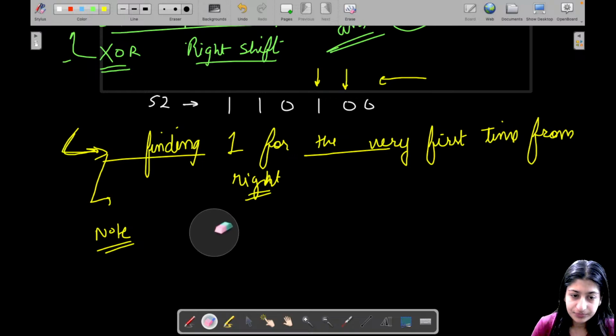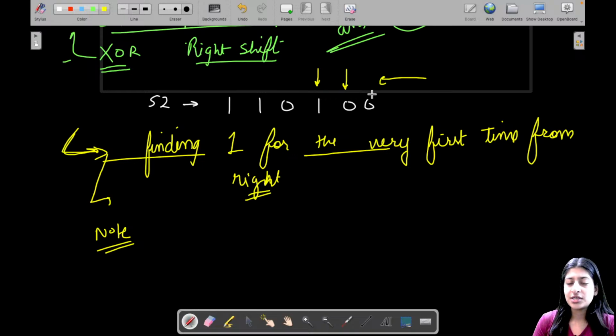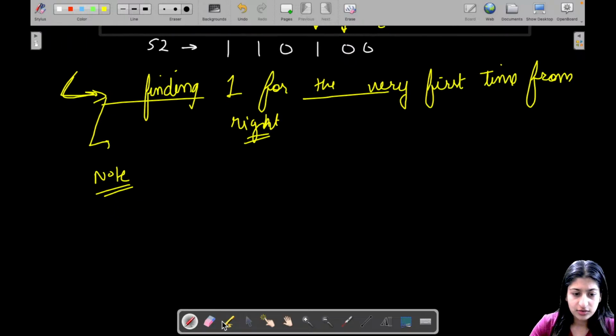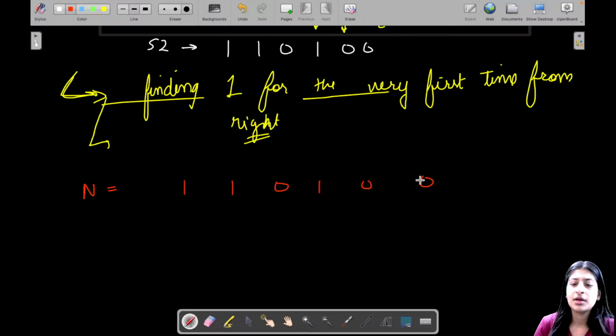So let's see what I can do in this question. If you see a number given like this, let me write it nicely. Any number n is given like this: n is 110100, and I ask what is the 2's complement of n.